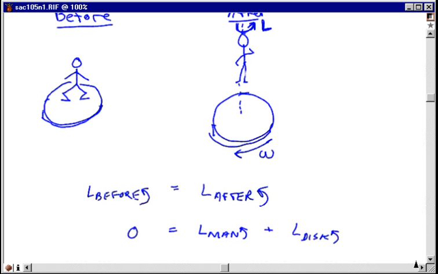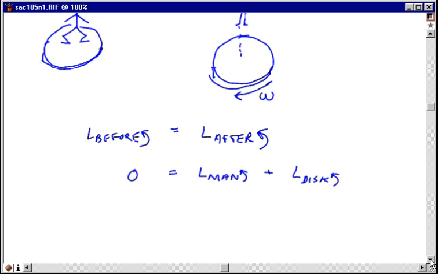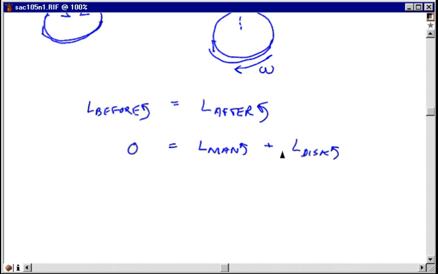You try it: in order to get yourself spinning counterclockwise, if you're standing on a disk when you jump up, the disk is going to be spinning clockwise. This will come out anyway, but I'm going to consider the disk to actually be going around clockwise, and I want to insert that in the equation explicitly. So positive value for L for the man means counterclockwise.